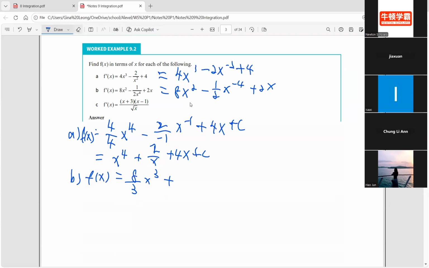So it becomes, okay, I go too fast. Minus first. Minus 1 over 2, then minus 3 here. Then after that, we have x to the minus 3 here, plus 2x squared over 2 plus c. Then here we have to simplify.